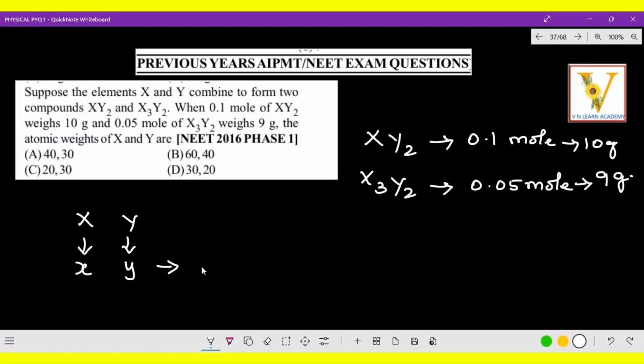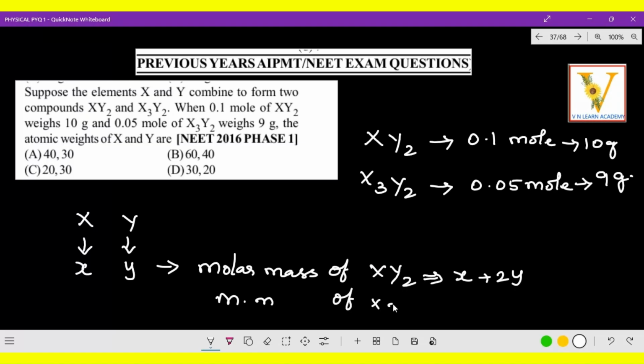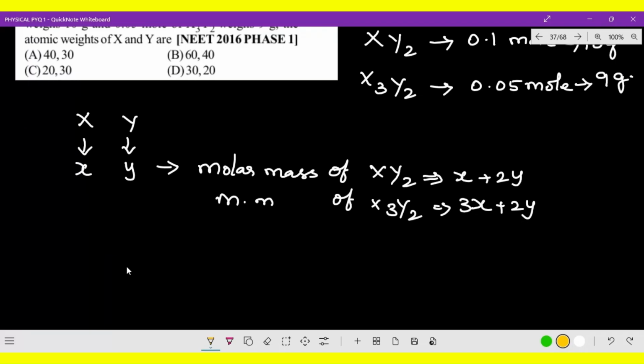So the molar mass of XY2 is x plus 2y, right? In the same way, the molar mass of X3Y2 will be 3x plus 2y, right? Now let us go for number of moles. Number of moles equals given mass by molecular mass.